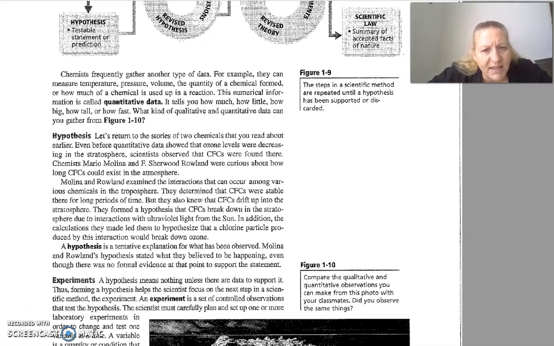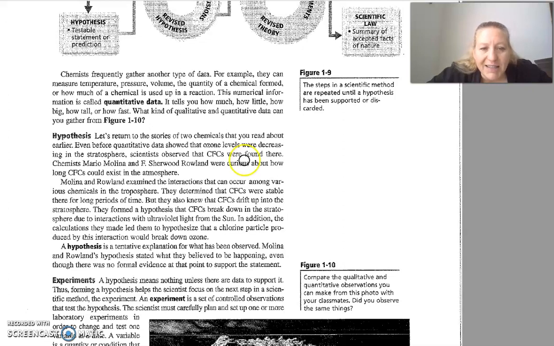They determined that CFCs were stable there for long periods of time, but they also knew that CFCs drifted up into the stratosphere. They formed a hypothesis that CFCs break down in the stratosphere due to interactions with ultraviolet light from the sun. In addition, the calculations they made led them to hypothesize that a chlorine particle produced by this interaction could break down ozone.